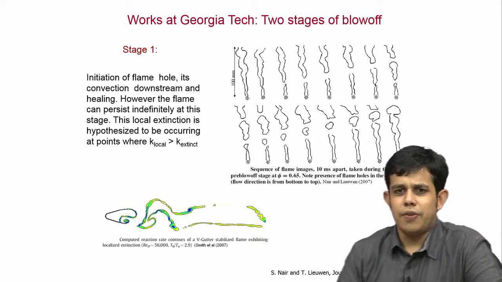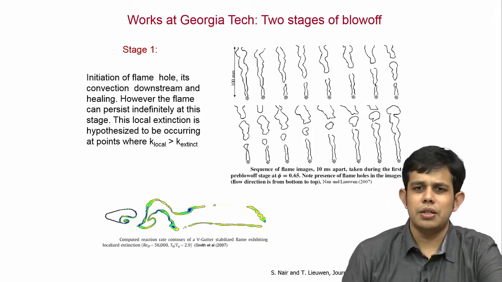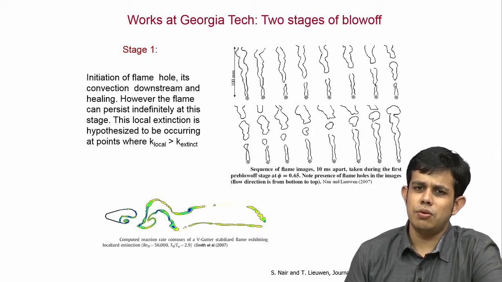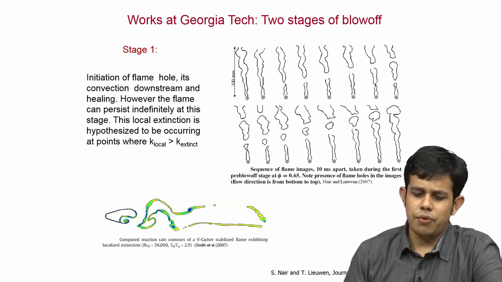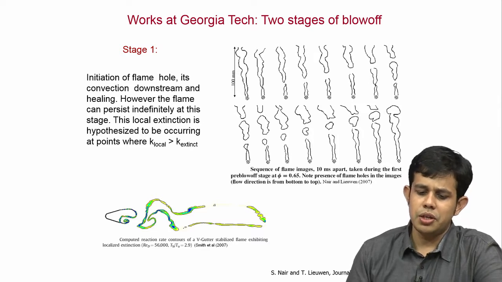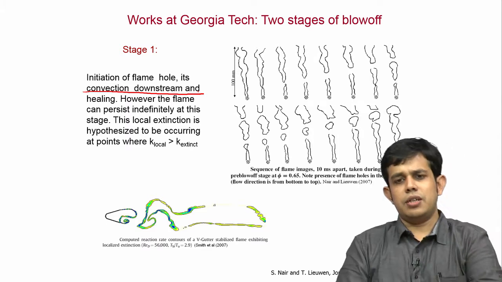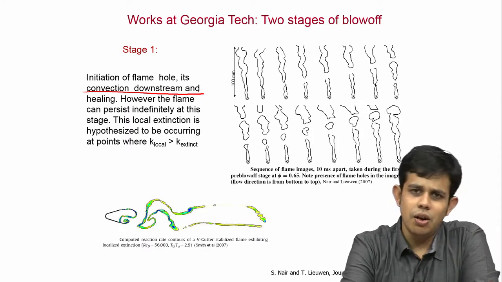Using that technique they found out how the flame boundaries look when blow off is approached. They found that as blow off is approached there is an initiation of a flame hole, and it is convecting downstream. Or it can heal also in some cases.